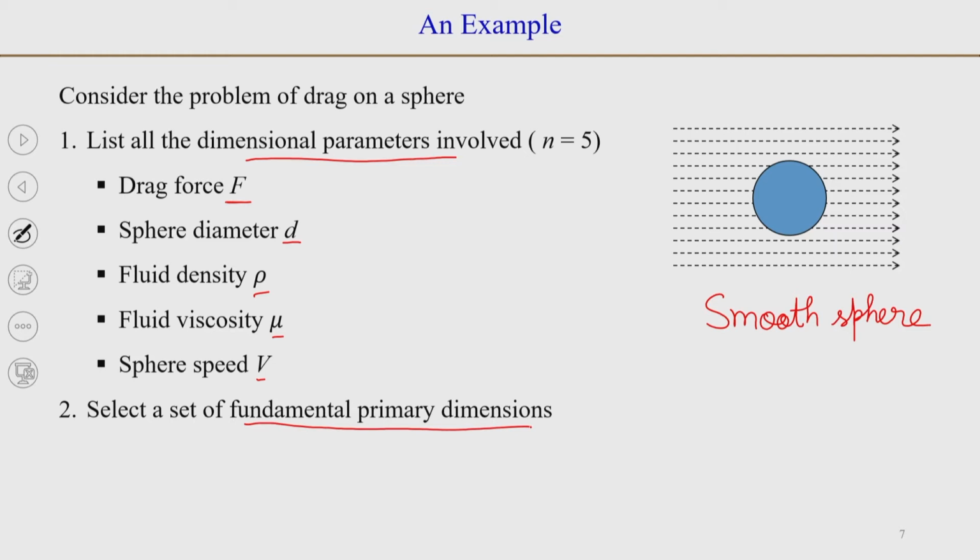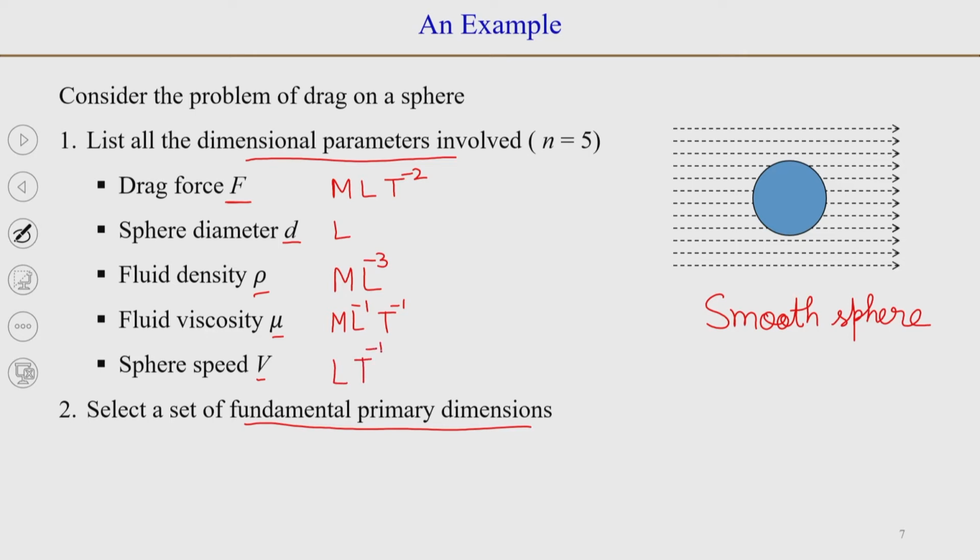When we look at the dimensions for all these, the dimension for drag force will be M L t raised to the power minus 2, sphere diameter will be L, density M L raised to the power minus 3, fluid dynamic viscosity, kg per meter per second, M L minus 1 t raised to the power minus 1, and the sphere speed or relative speed will be L t raised to the power minus 1.